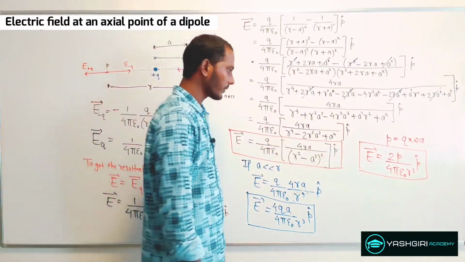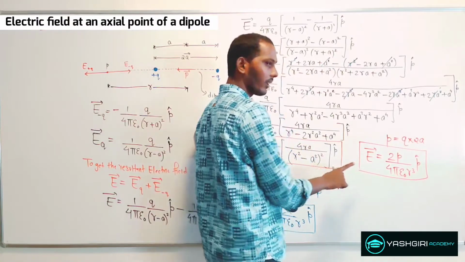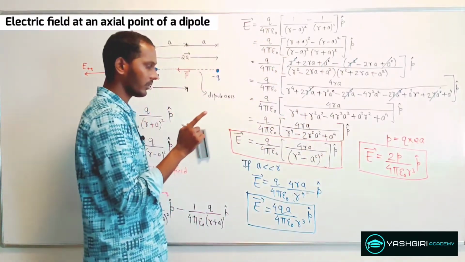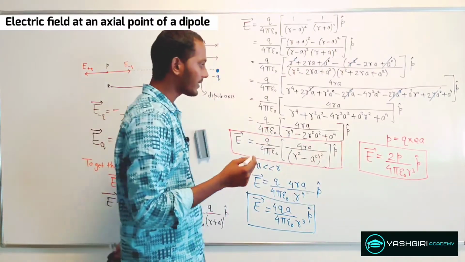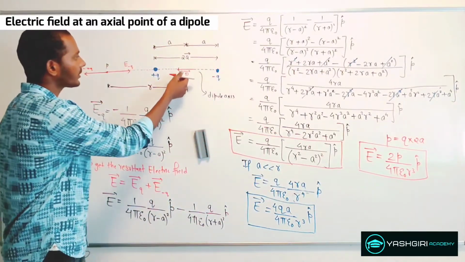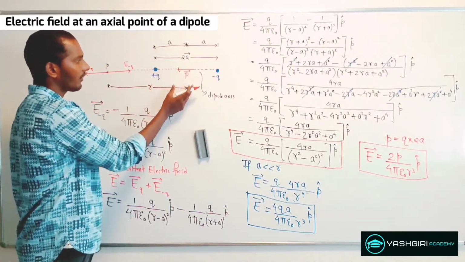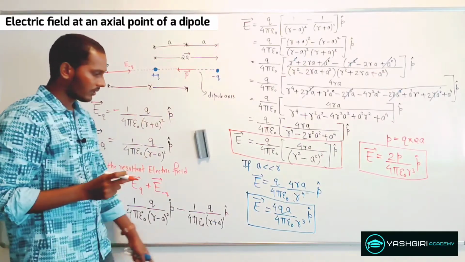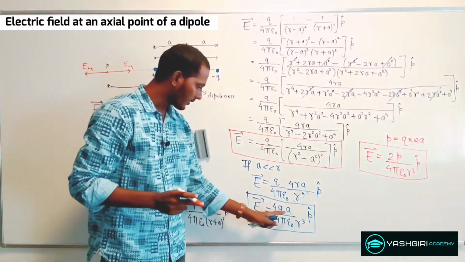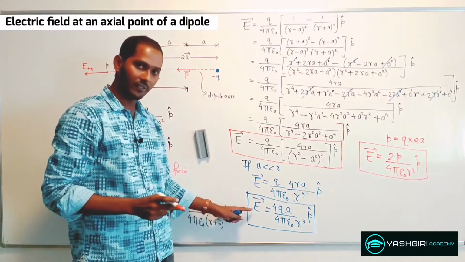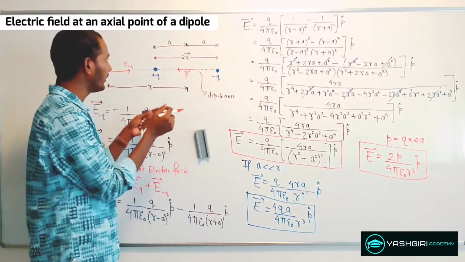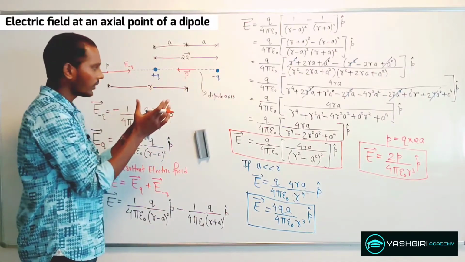If you see the electric field over here, the direction of this electric field is along the direction of the dipole moment, which is clearly positive.